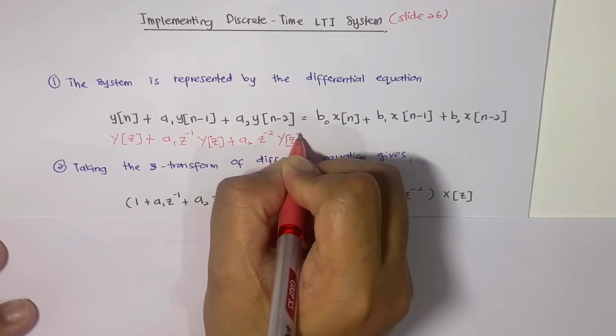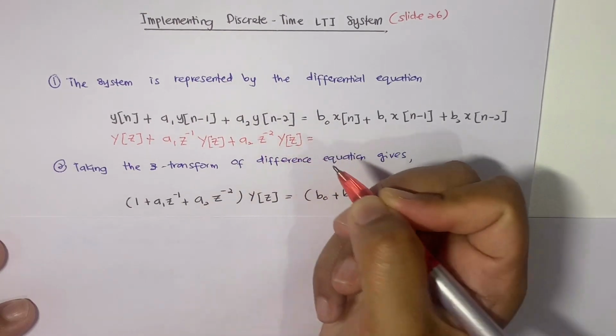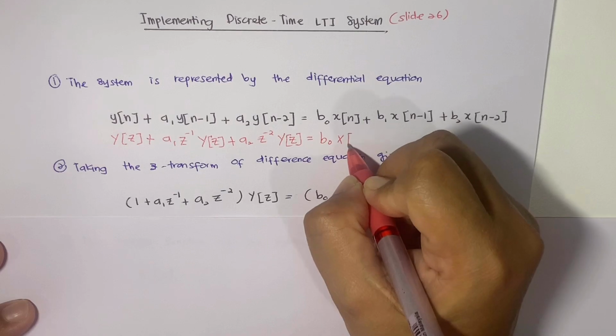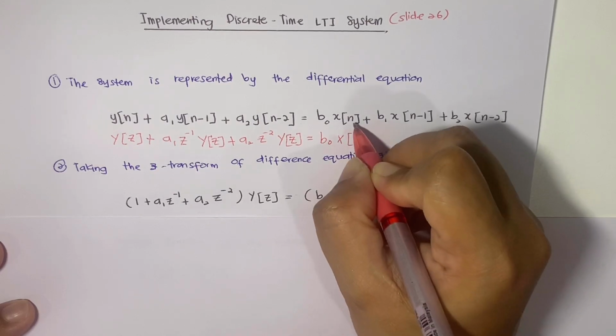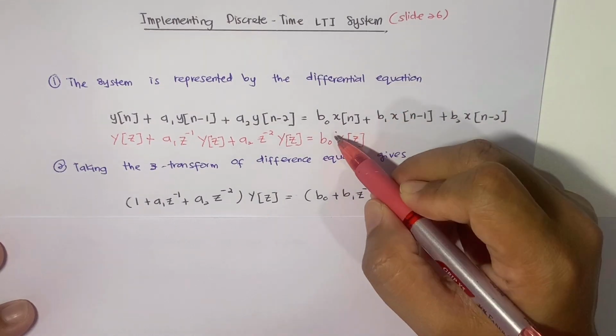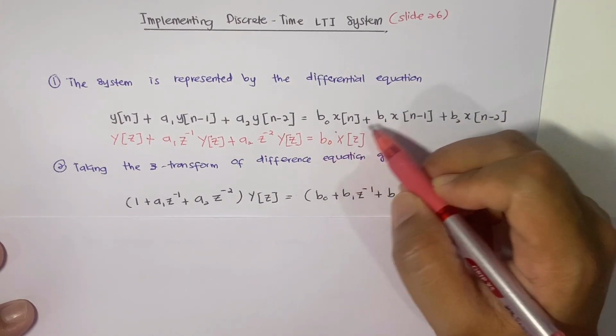Y(z) equal to b0 X(z), because this is n plus 0, so no coefficient of z here.